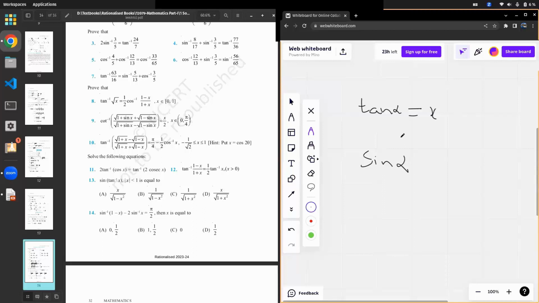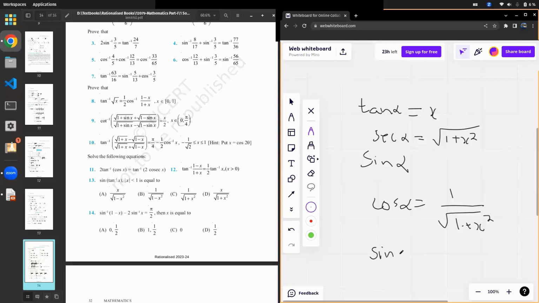From the value of tan alpha, it is easy to find the value of secant alpha. Since secant alpha is equal to root of 1 plus tan square alpha, secant alpha is equal to root of 1 plus x square. That implies the value of cos alpha is equal to 1 by root of 1 plus x square. So we need to find the value of sin alpha.